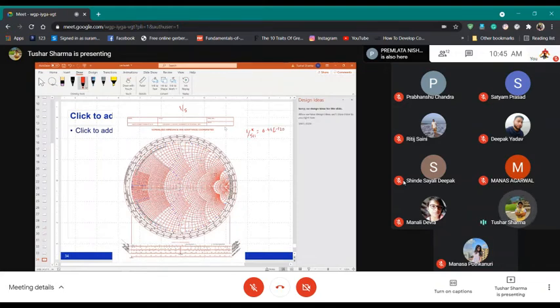So how will we do it? Simple. This is 90. This is minus 120. I'm approximating it. You guys can do it in a better way. So somewhere here, and 0.44 will be somewhere here. So this is 1 over S11 conjugate. I mark this. That's my step 1.